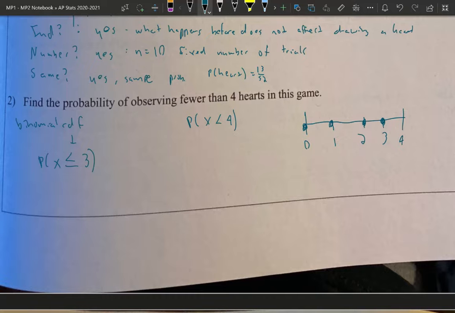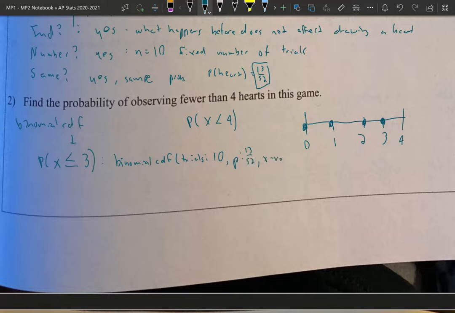Remember what we have to do to show on the AP exam when we're using our calculator. We're just going to say binomial CDF. All right. And right here, the number of trials, once again, we already said is 10. The probability of success, we already said, is 13 over 52, or you could even just say 1/4.